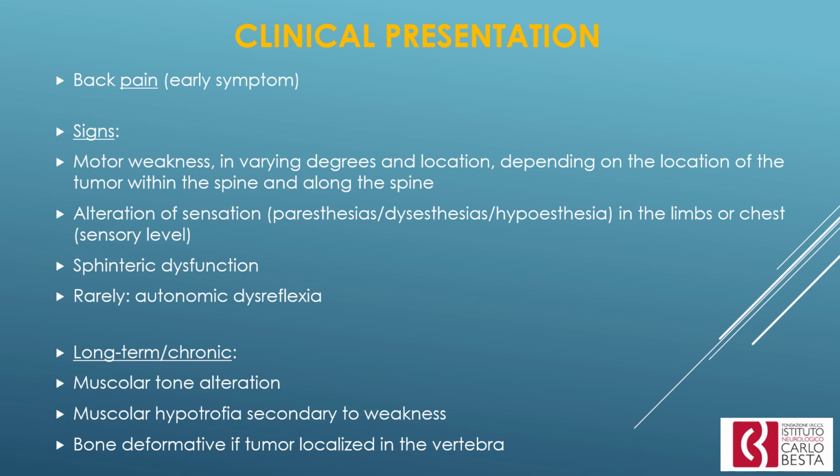In the case of less aggressive and slowly progressive spinal lesions, muscular tone and atrophy are often altered, and we can also find some spinal bone deformity.